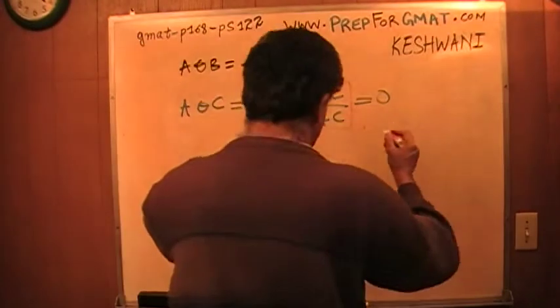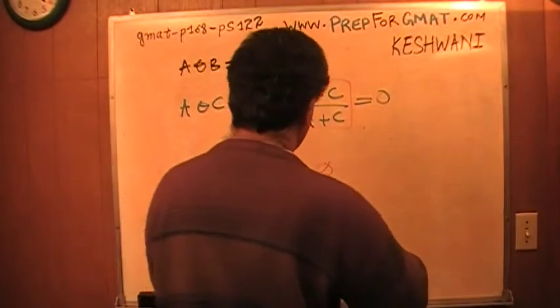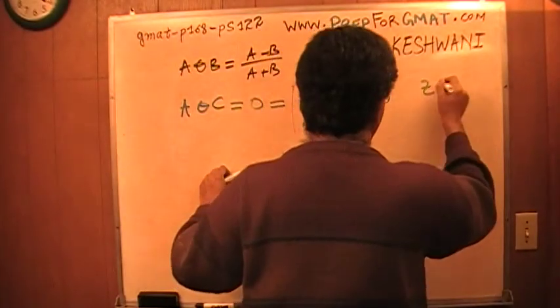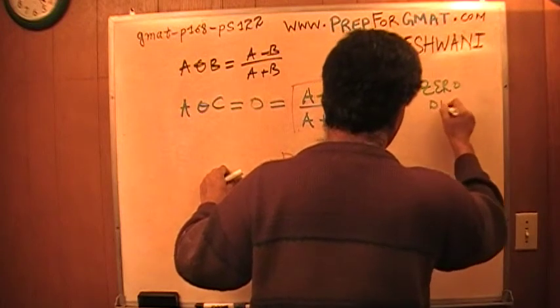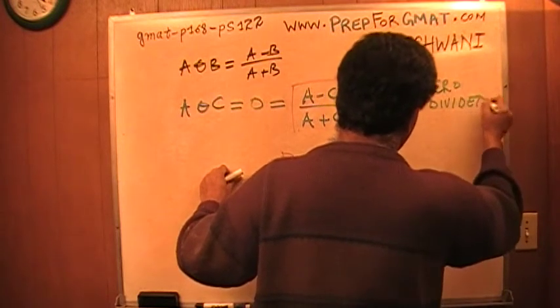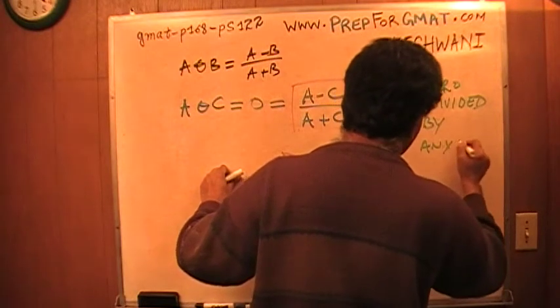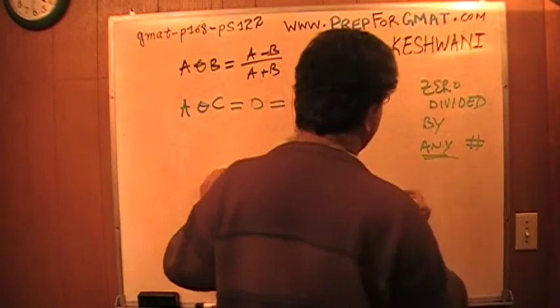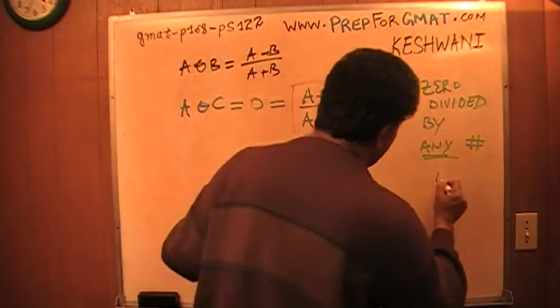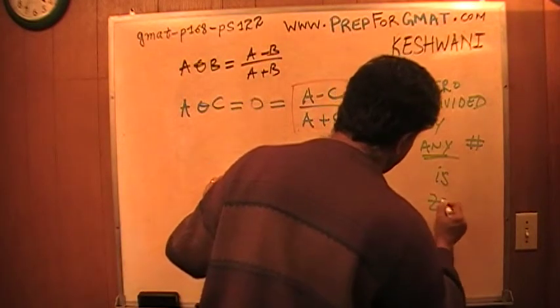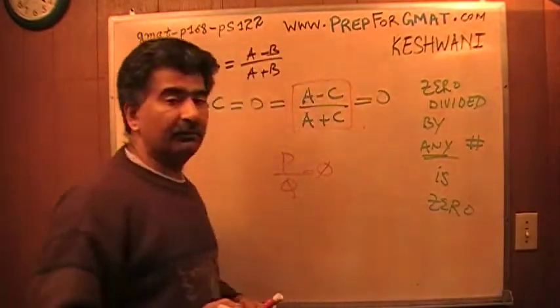Because 0 divided by any number, and I underline the word any, 0 divided by any number is 0.